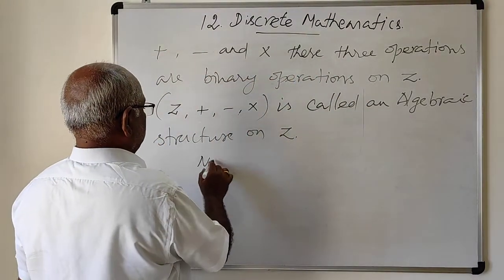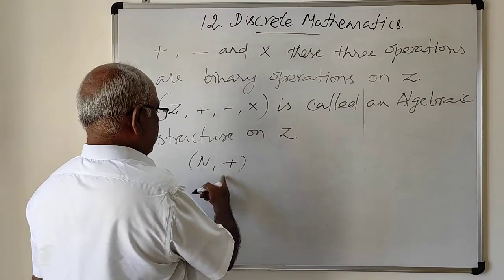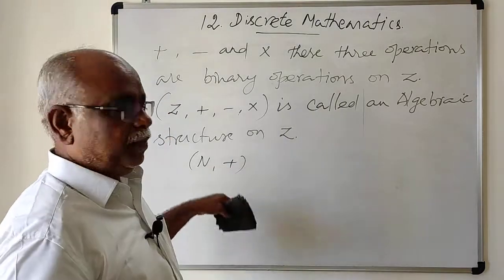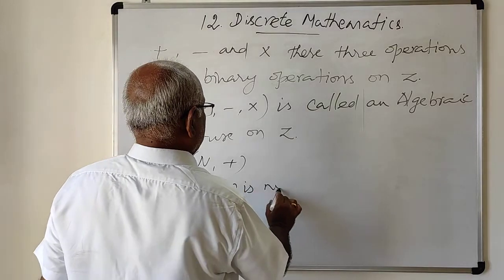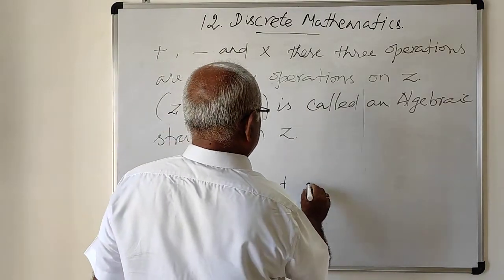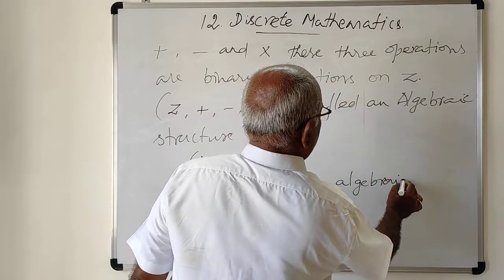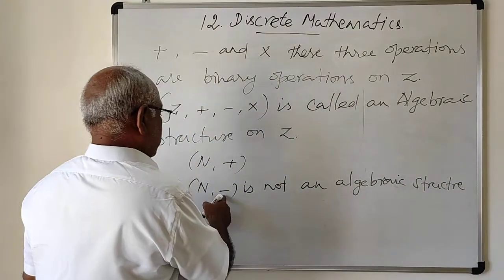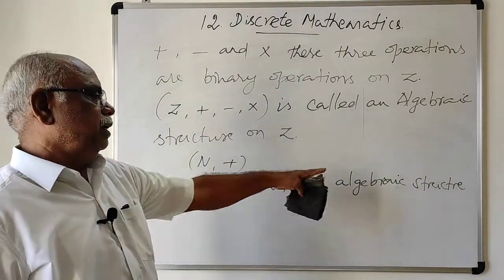N, plus is an algebraic structure. There is only one binary operation here. But N, minus is not an algebraic structure, because subtraction is not a binary operation on N. Therefore, it is not an algebraic structure.